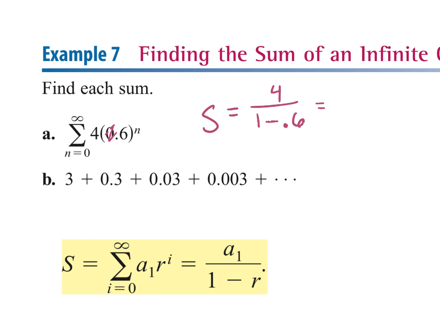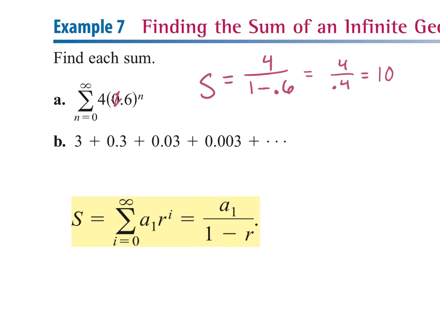What do we got? Four over 0.4, which is 10. Thank you.